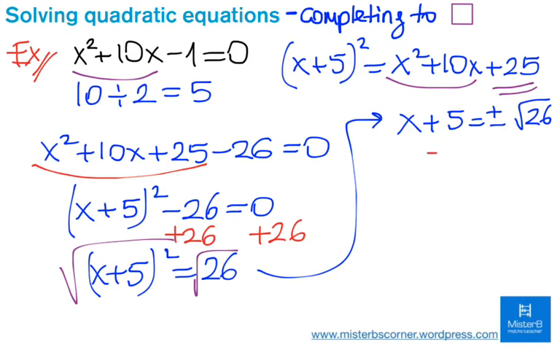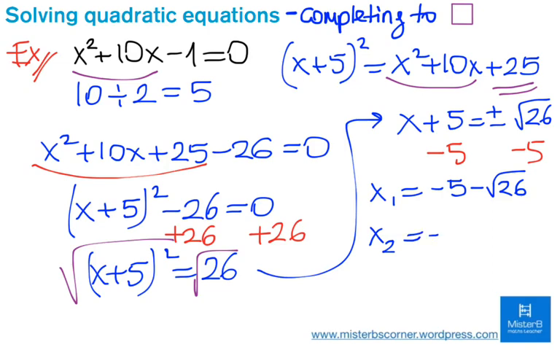Now I have to take away 5 from both sides. At this point you can start writing the two solutions. You can say x1 equals minus 5, generally we write the integer to the front, minus root 26, and then x2 being minus 5 plus root 26. So that's totally okay if you just write these down.